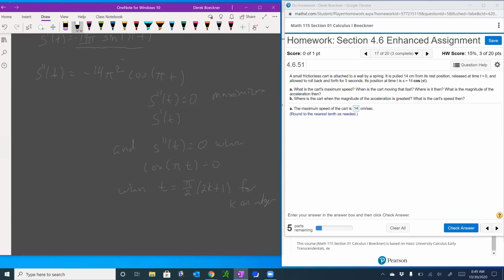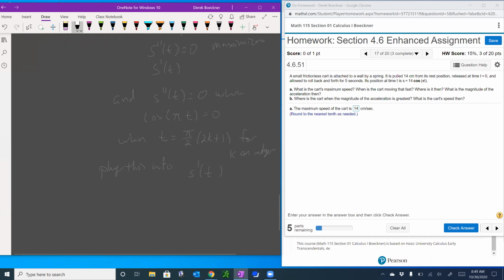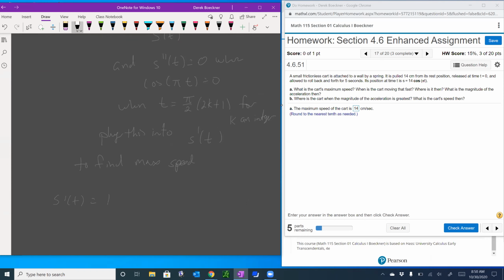Okay. Now we plug this into s prime of t to find max speed. And so s prime of t equals 14 pi sine of, with a negative, pi t. And at these odd halves, this is going to be plus or minus 1. But since we want the speed, we want the maximum of the absolute value of this stuff. So that's going to be 14 pi.